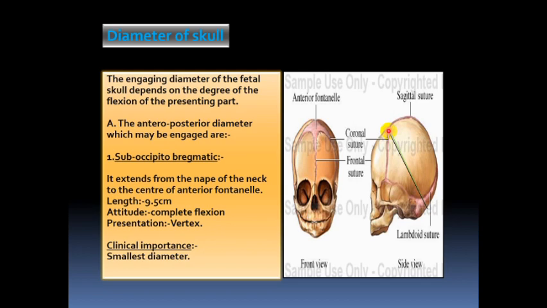This diameter measures 9.5 centimeters, and it is the presenting diameter when the head is completely flexed and the presentation is vertex presentation. It is the smallest diameter, which can easily enter the pelvic inlet, and the patient is usually associated with normal vaginal delivery.